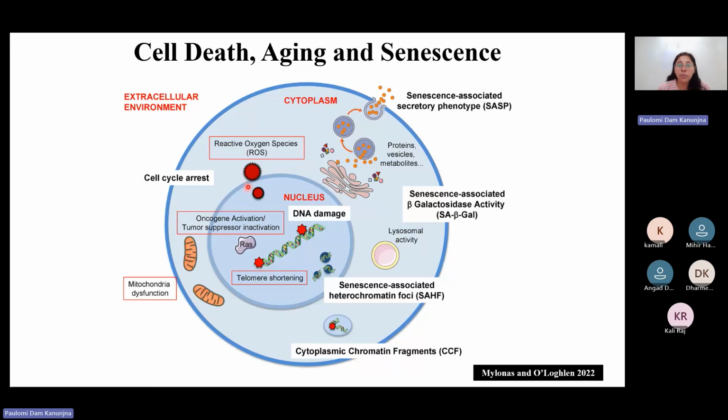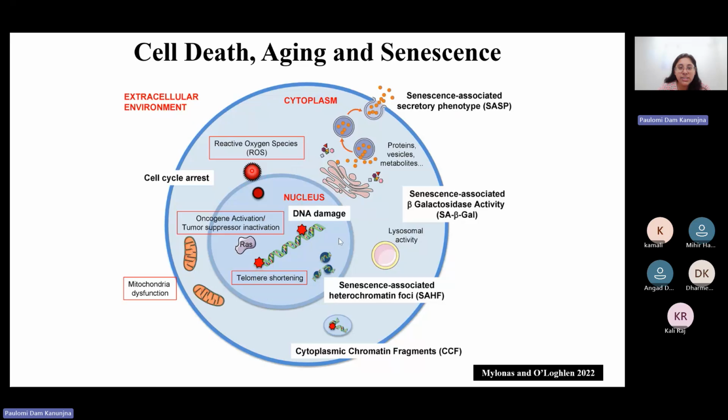Then in the cytoplasm, you might have ROS. ROS, reactive oxygen species, come up when you have these chemical interactions in the cells, and they react very, very quickly, so they can damage the cellular organelles very quickly. So that's why ROS is a problem. And then you also have mitochondrial dysfunction.